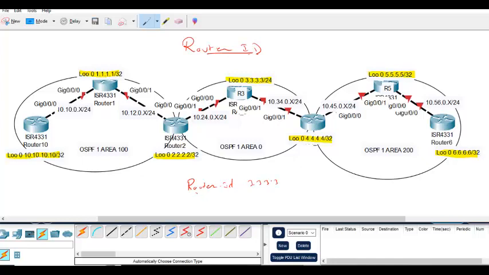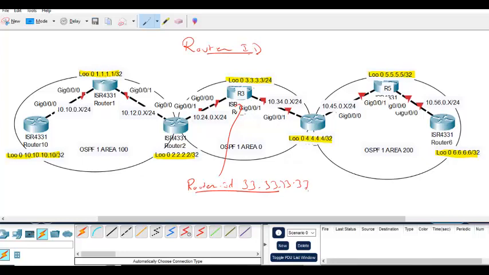Using this command under OSPF, we can assign it manually. For example, you don't like 3.3.3.3 for router 3, you want to assign the address 33.33.33.33.